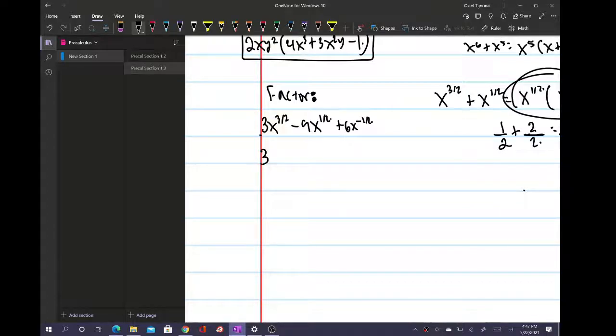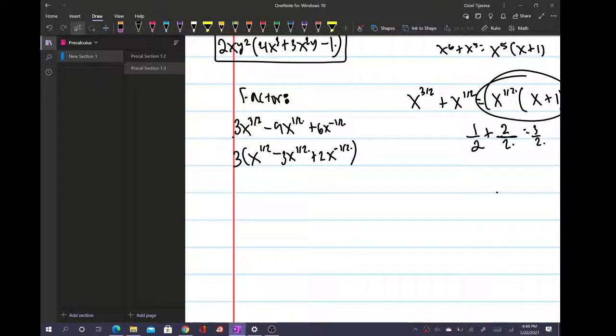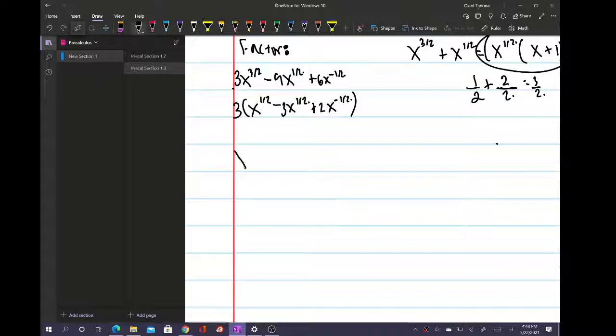So we have 3 times x to the 1/2 minus 3x to the 1/2 plus 2x to the negative 1/2. Now, here we can say the lowest one that we can take out is negative 1/2, right?